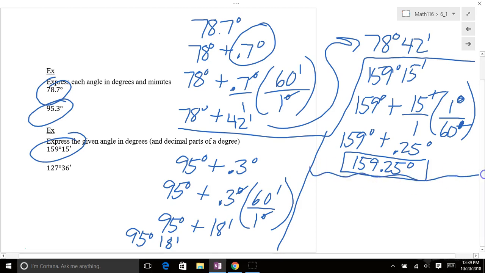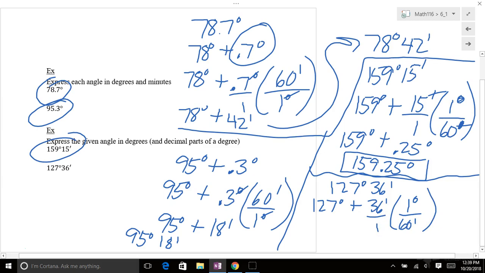Let's do this very last one here. 127 degrees 36 minutes. See, 127 degrees is fine. You have to convert the 36 minutes into degrees. So for every degree, there's 60 minutes. The minutes cancel. So this ends up being 36 over 60, which is 0.6.